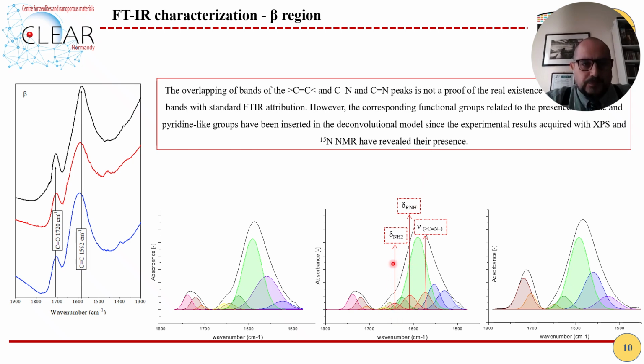These bands were difficult to assign directly due to the strong overlap with the carbon-carbon double bond absorption band and the very low nitrogen-to-carbon ratio in the material. The standard FTIR could not clearly resolve this signal, but their inclusion was justified by complementary XPS and NMR data confirming their presence.